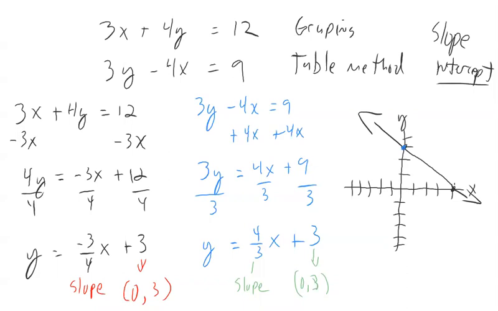Now I could go up 4 and to the right 3, or I can make it double negative and then go down 4, 1, 2, 3, 4, and to the left 3, 1, 2, 3. Remember, two negatives make a positive, so I can go either direction, just be consistent. And there is my second line. And they share the point 0, 3. So this, I'm going to make a curly bracket. It's the point 0, 3. So this is consistent.